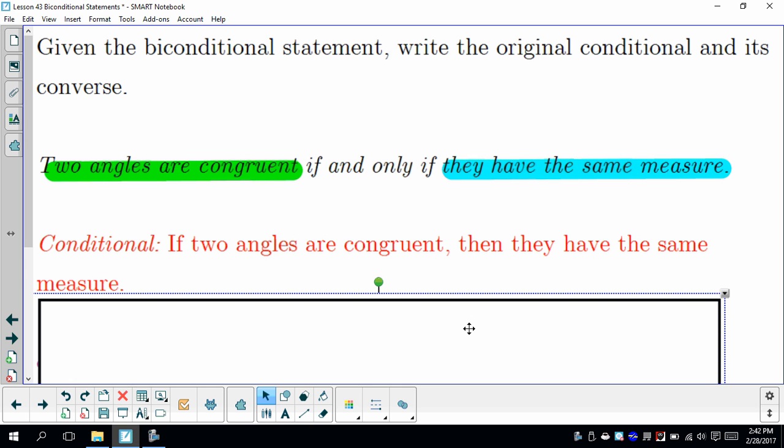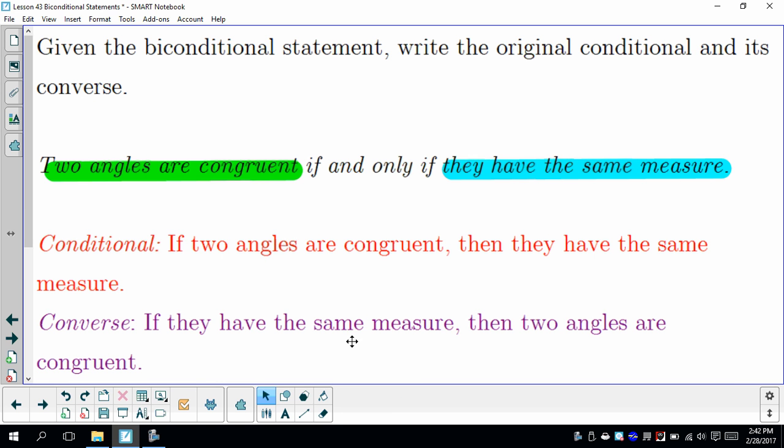And we can change P and Q to get the converse. If they have the same measure, then two angles are congruent. And you should think that the conditional and converse they both make sense because they're both true. Two angles that are congruent have the same measure, and two angles that have the same measure are congruent.